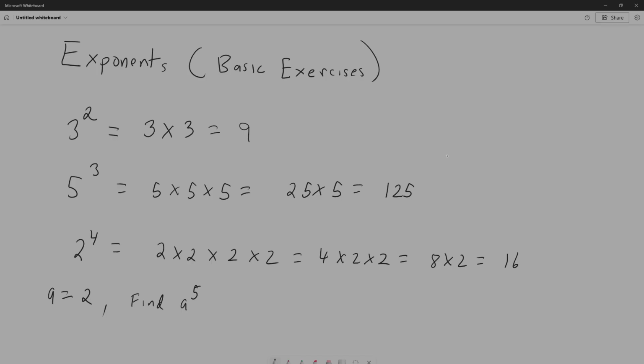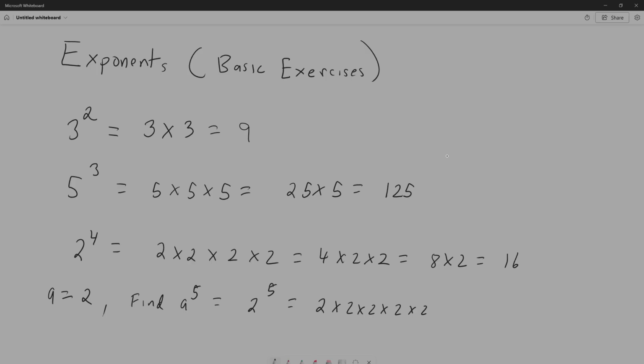Okay, so if a is equal to 2 from what is given, then that means that a to the 5th has to equal 2 to the 5th, and that's going to be equal to 2 times 2 times 2 times 2 and then times 2. So 5 times: 1, 2, 3, 4, 5 times.